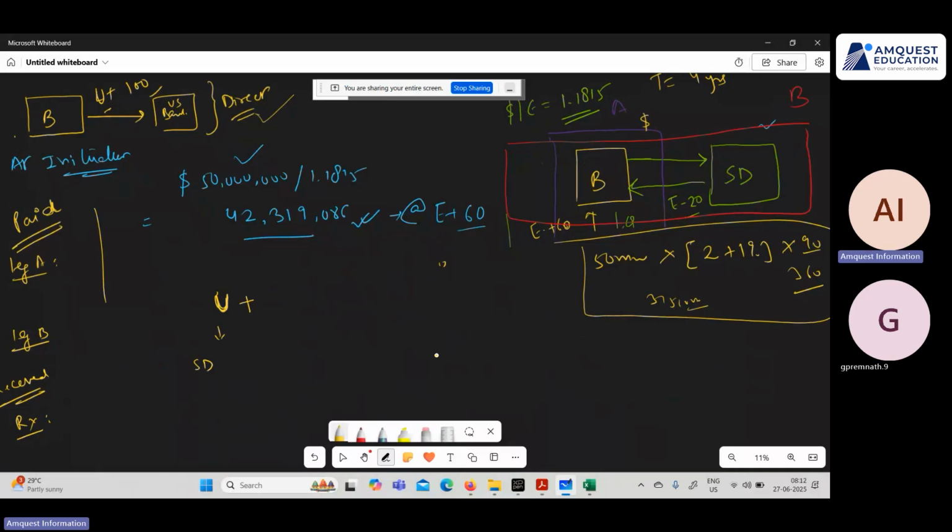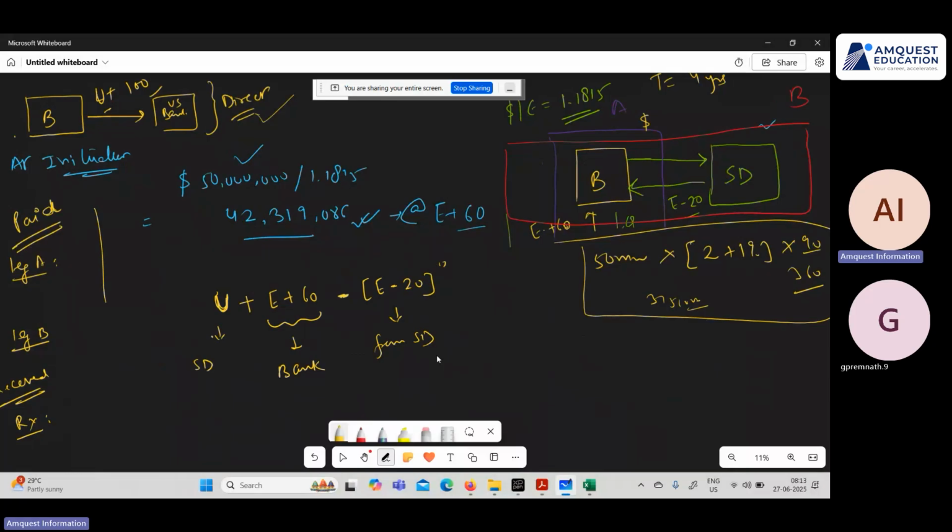Can I say that he paid Euribor plus 60 to the bank, and he received Euribor minus 20 from the swap dealer, so I'm doing a minus? Are you following? Yep.